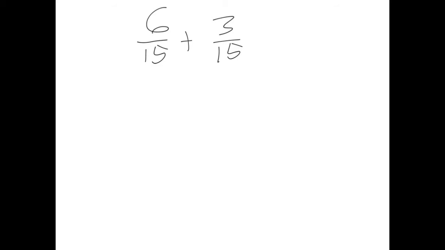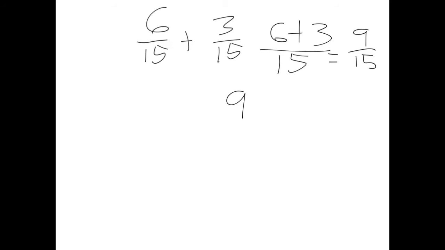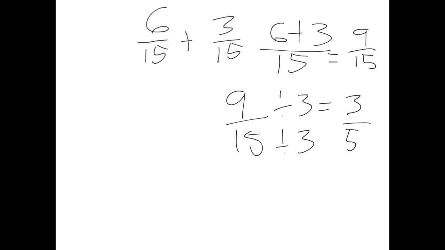So you would put the numerators on top, 6 plus 3 over 15, and it would equal 9/15, and then you would simplify it, which is 9/15 divided by 3 divided by 3, and that equals 3/5. Thank you for listening.